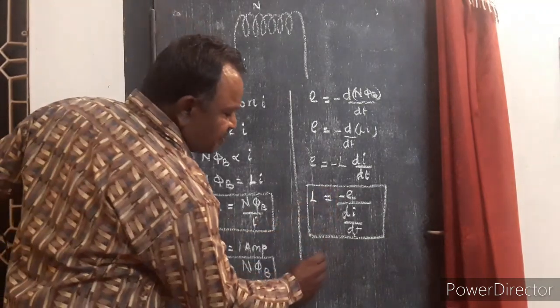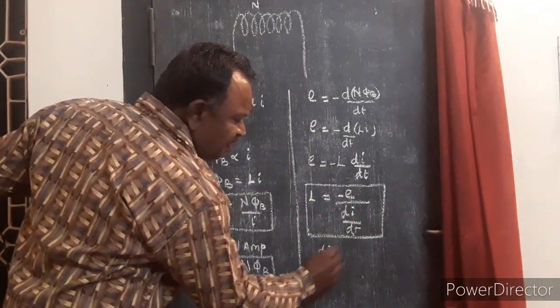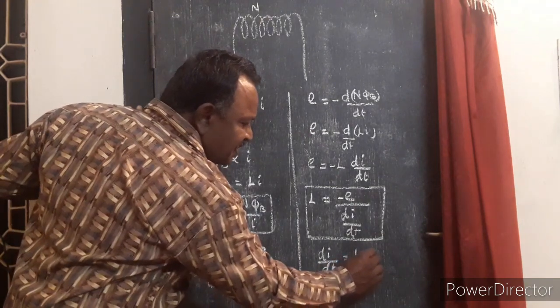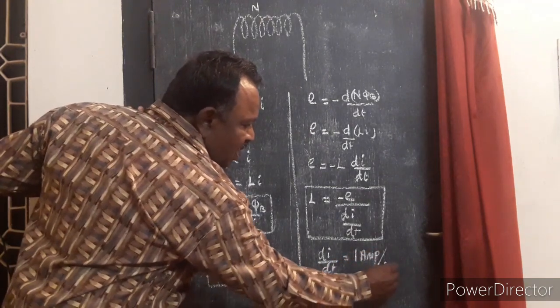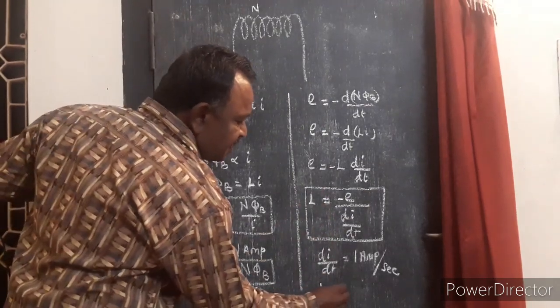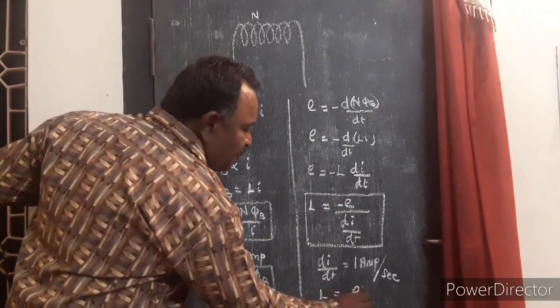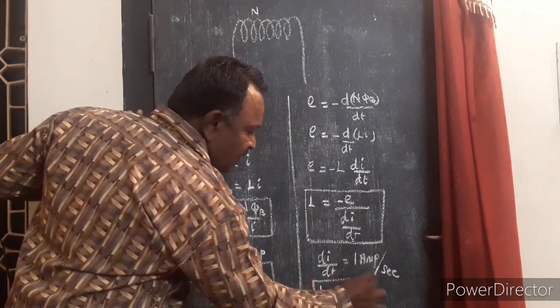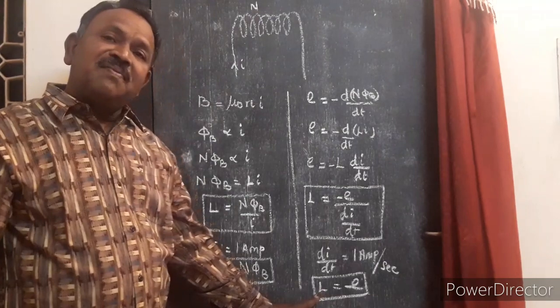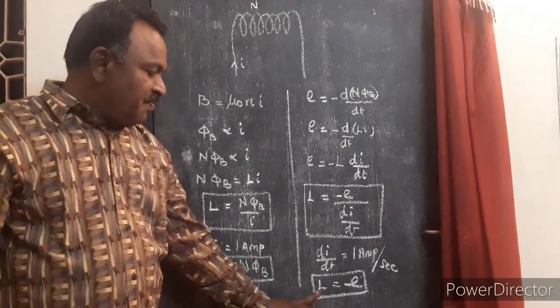Or from this equation, if the rate of change of current in the coil is 1 ampere per second, then the self-inductance is equal to the opposing EMF. So this equation also helps us to define self-inductance.